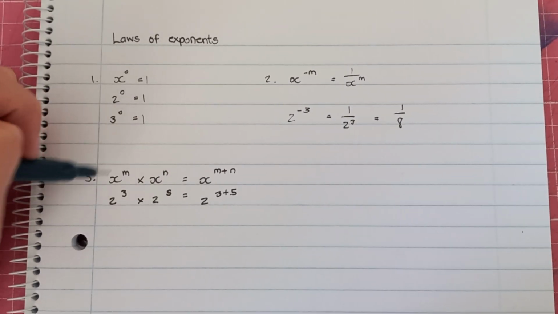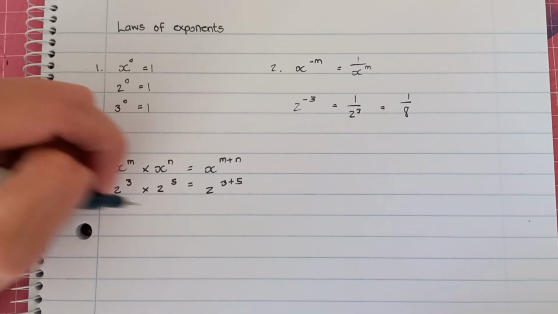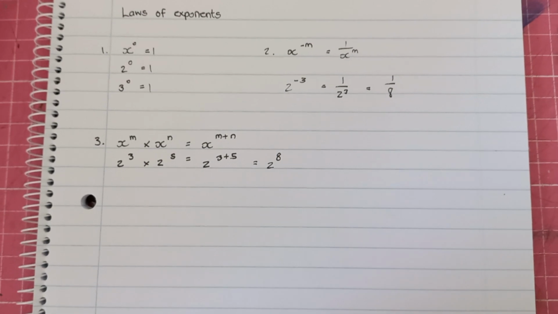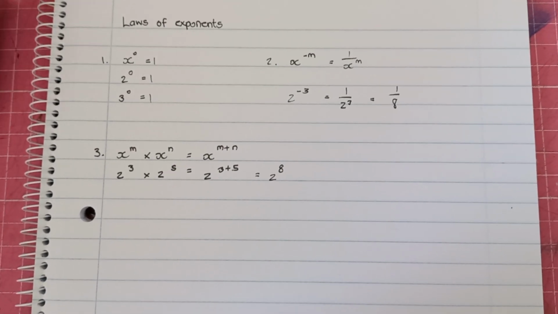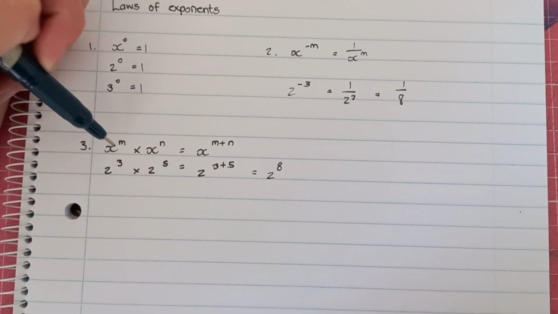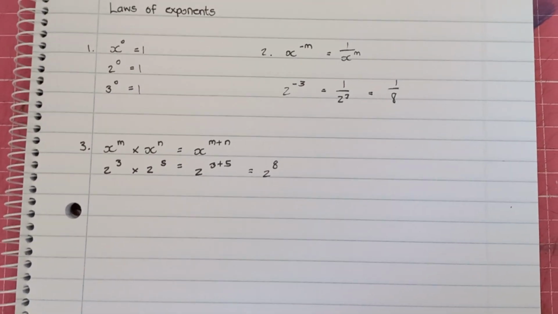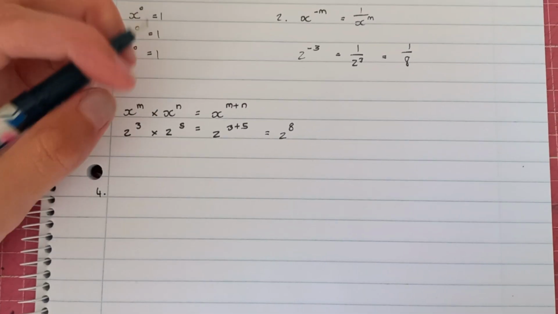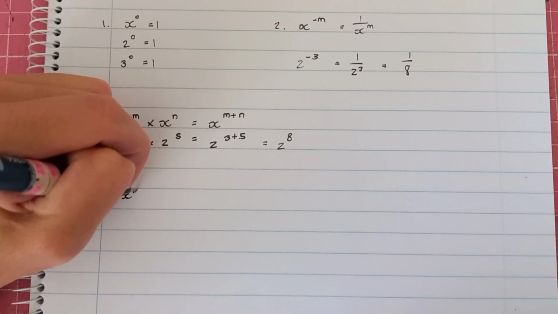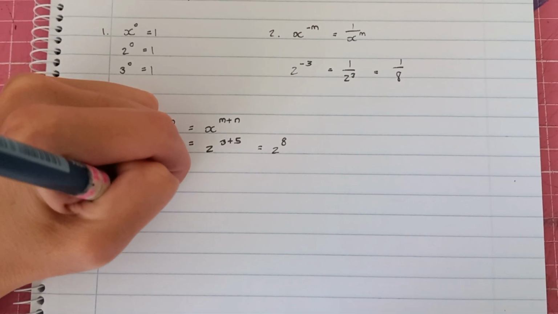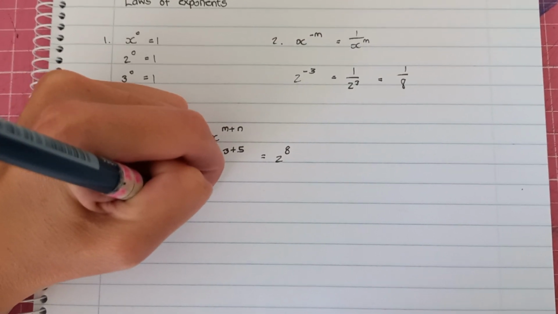Doesn't work. The base has to be the same. Okay, so if we had to finish this, that would be 2 to the power of 8. Okay, so that's the third law. Once again, it's reversible. So if you get, say, x to the power of m plus n, you can separate it to be x to the m times x to the n.